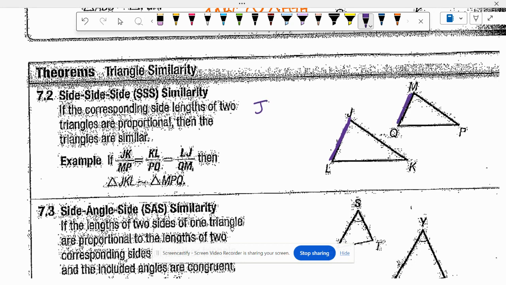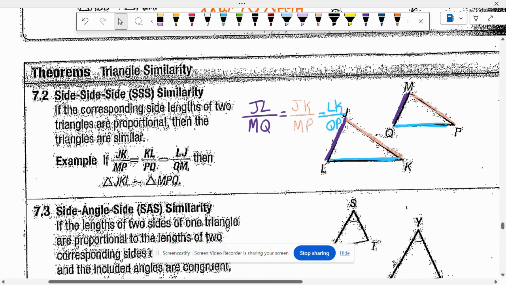So JL has to be proportional to MQ. JK corresponds to MP. So JK has to be proportional to MP. And the last one, LK, corresponds to QP. So LK has to be proportional to QP.